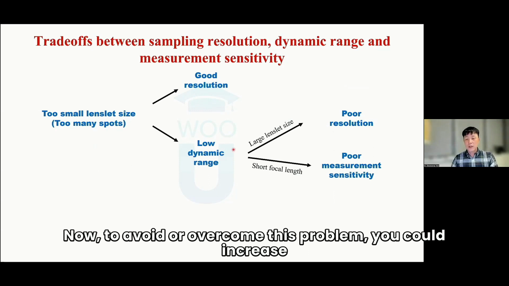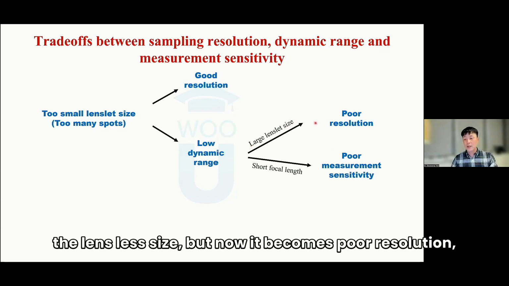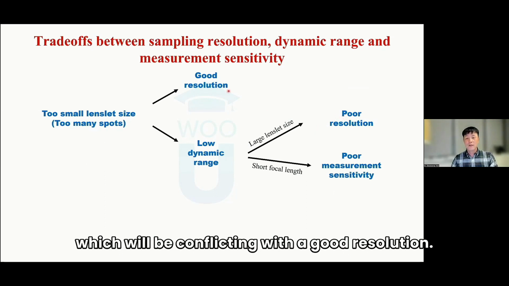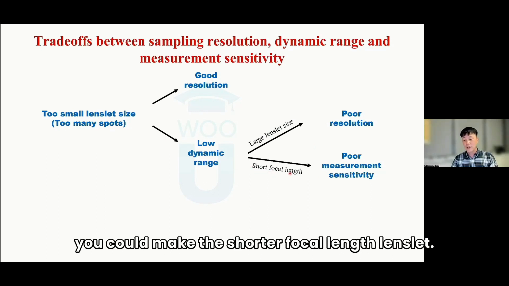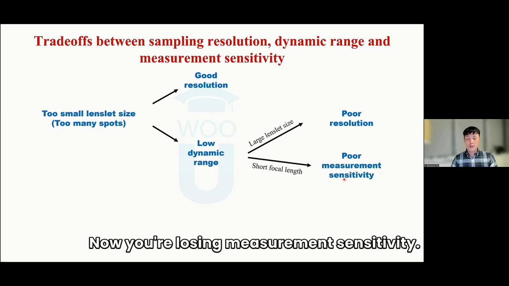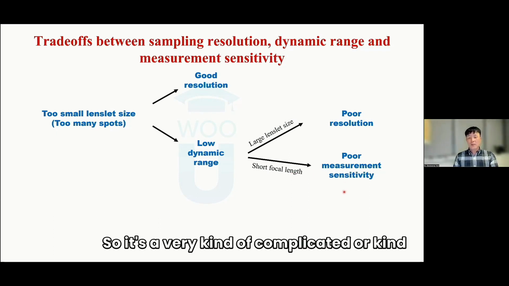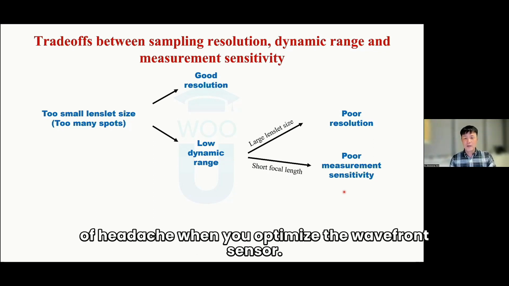To overcome this problem, you could increase the lenslet size, but now it becomes poor resolution, which conflicts with the good resolution you had originally with the small lenslet. Or you could make a shorter focal length lenslet, but now you're losing measurement sensitivity. So it's a very complicated headache when you optimize the wavefront sensor.